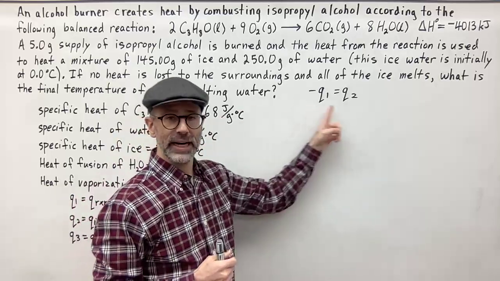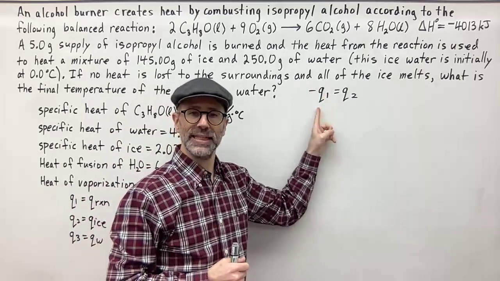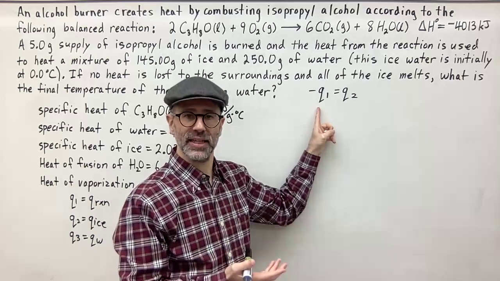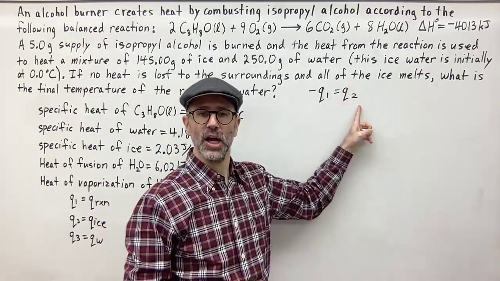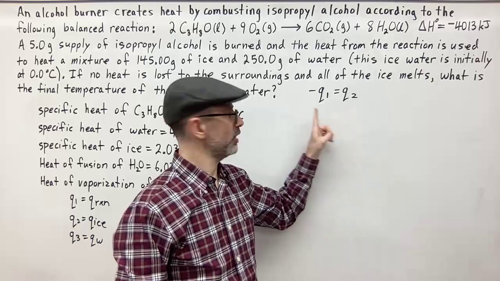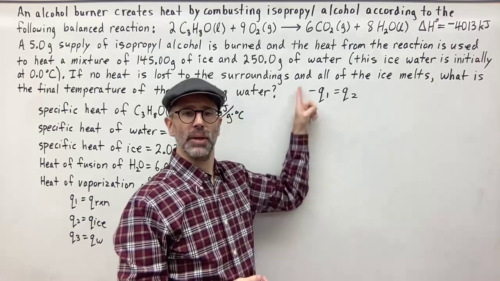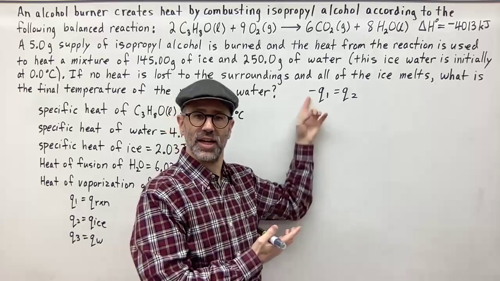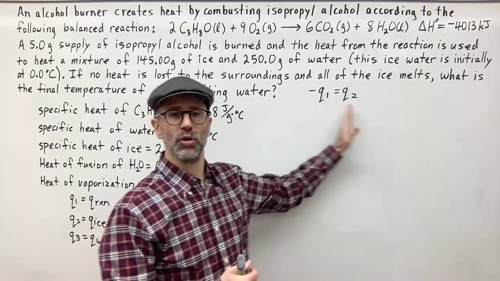What this is saying is that all of the heat that's released by whatever's releasing the heat is being absorbed by whatever's absorbing the heat, right? So no heat is lost. So the magnitude of the heat lost or gained is equal, but this is negative because it's the loss of heat. So they're equal and opposite.